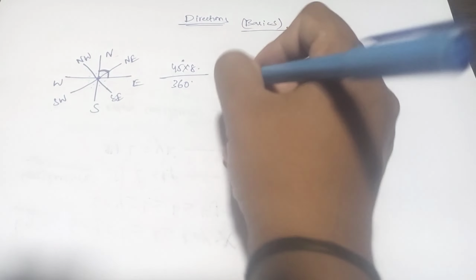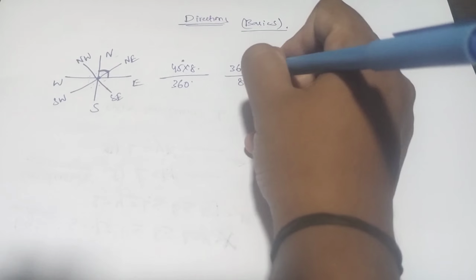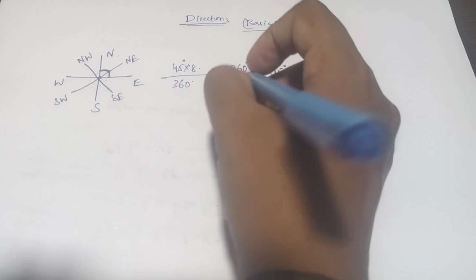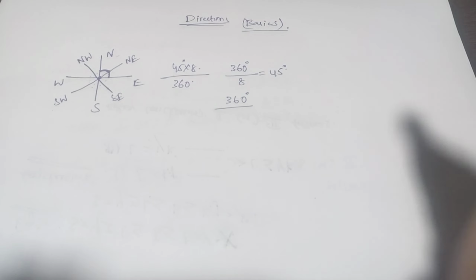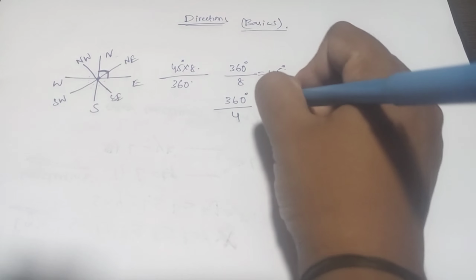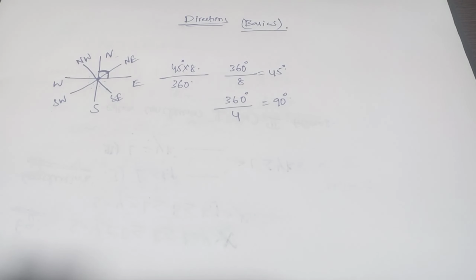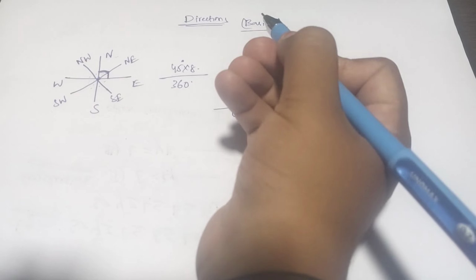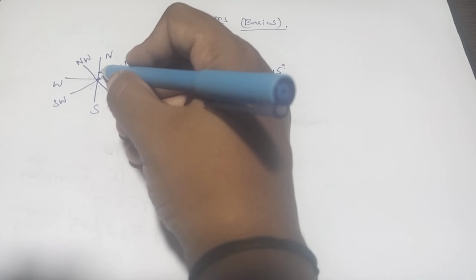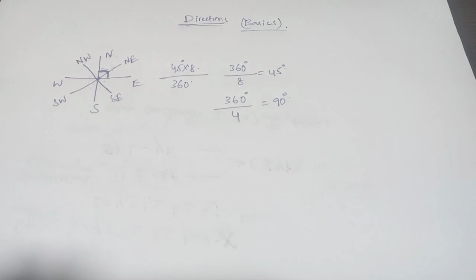Total is 360, divided by 8 is equal to 45 degrees. If we divide 360 degrees into 4 parts, that means 90 degrees. So we can take this total part as 90 degrees and this part as 45 degrees, right? That's all you know. If you don't know, this will be helpful for you.